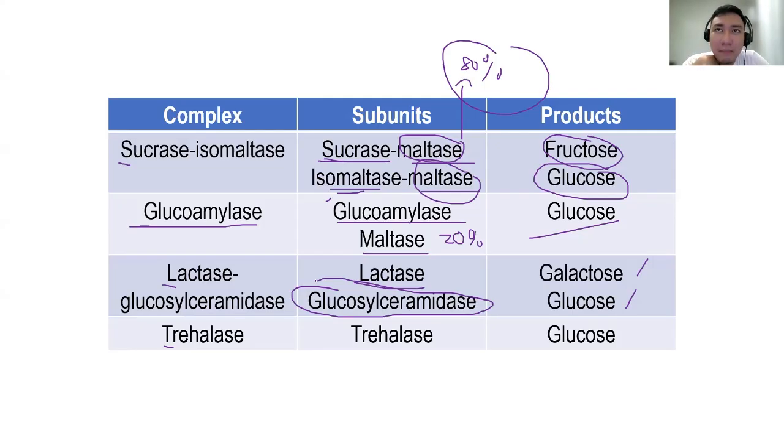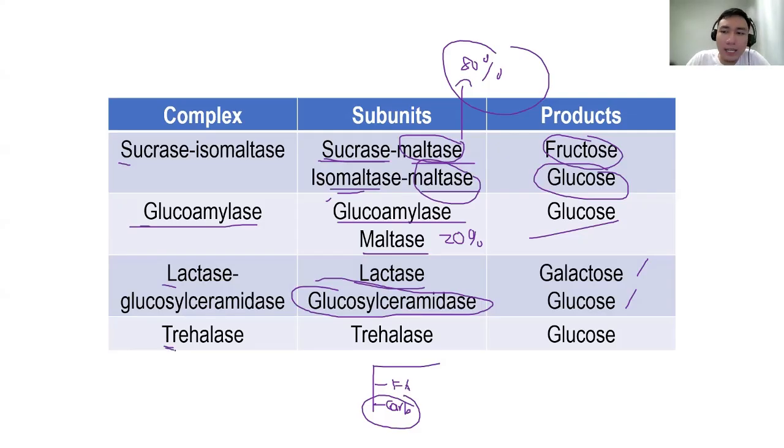Diba? This is a glycolipid. So, diba yung structure ng ceramide, ito yung sphingosine, and then may fatty acid attached dito, tapos may carbohydrate attached here. So, yan yung kinikleave ng glucosylceramidase enzyme. So, tatanggalin niya to. So, you will result in a carbohydrate, a glucose, or a galactose as well.